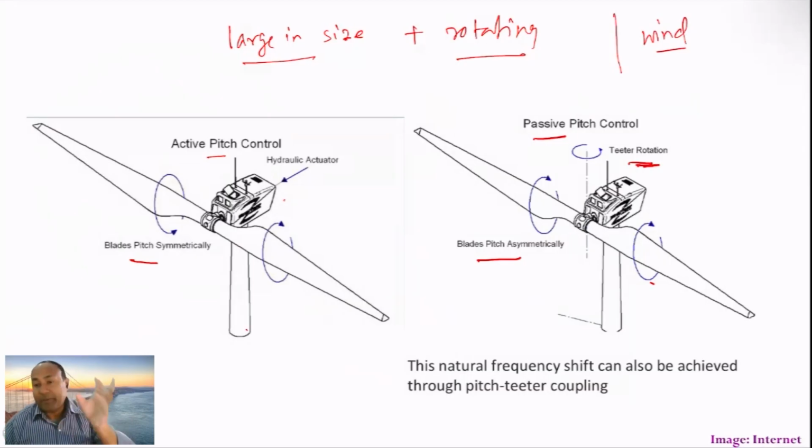That's the primary mechanism: wind allows these blades to rotate, and due to rotation you generate electricity. But at the same time, there is nothing free in this world. Since these are large, heavy structures, not massless, they have finite mass and they are rotating.